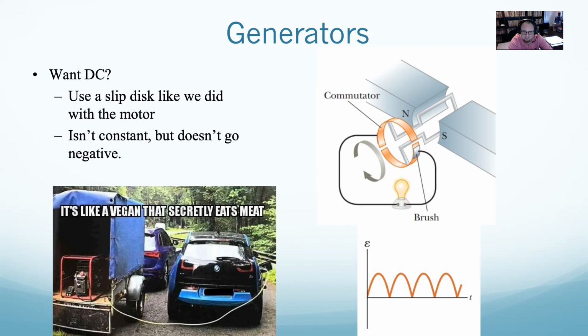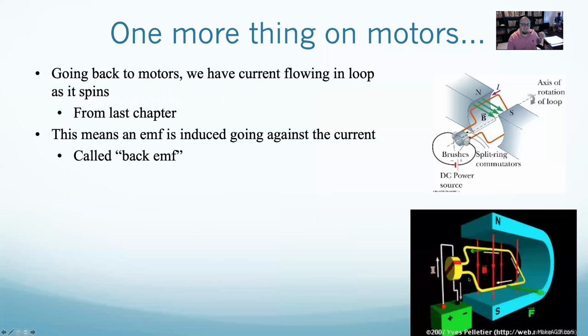But earlier we said if you have a loop of wire with a current in a magnetic field, it'll cause it to spin, right? That's the whole idea of the dichotomy between motor and generator. This actually has some weird effects, something known as the back EMF that happens when you look at generators or motors.